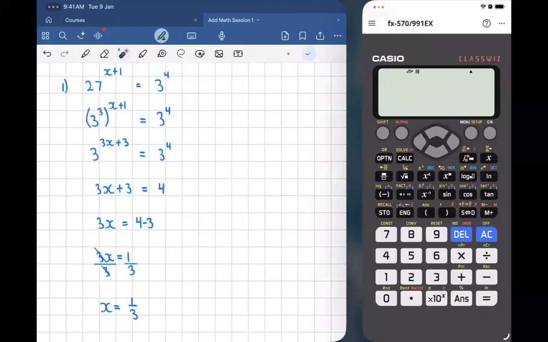Now, let me show you guys how to check if your answer is correct using the Casio again. So, you have this exact Casio? Yes, sir. Great. And for those of you that don't, it's more or less the same process. What you're going to do is input the equation. You're going to put 27, right? Then you're going to press x to the power. To get x, you're going to press alpha, close bracket. You should see x come up. Then you're going to press plus 1.